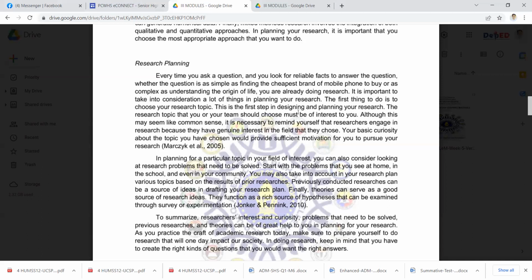So they tried to survey. Survey nga lang ang ginamit nila. Nakita nila doon sa research na yon kung ano ang mga rason bakit ang estudyante nalilate. So it should be related to you.